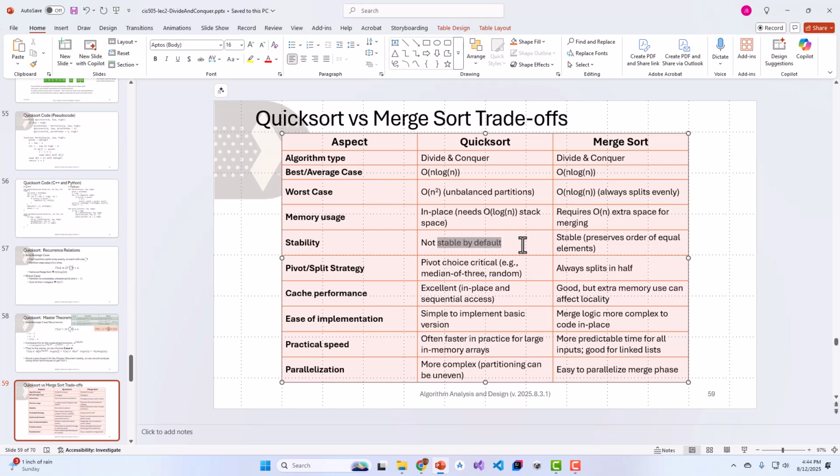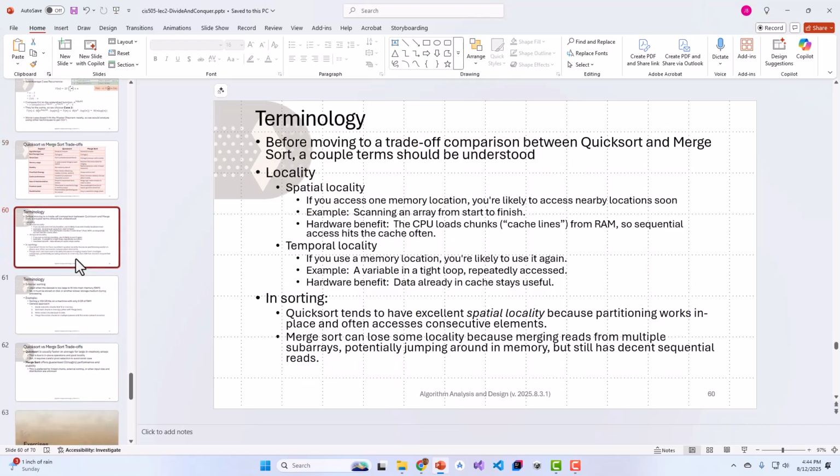And stability, preserving the order of equal elements, merge sort does. Pivot split strategy, merge splits in half. Pivot choice is critical. Okay. Cache performance, ease of implementation, practical speed, etc. So you can look at those.